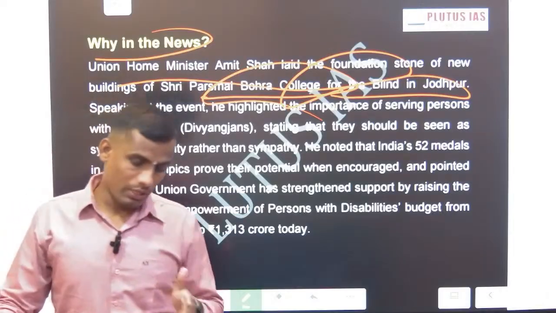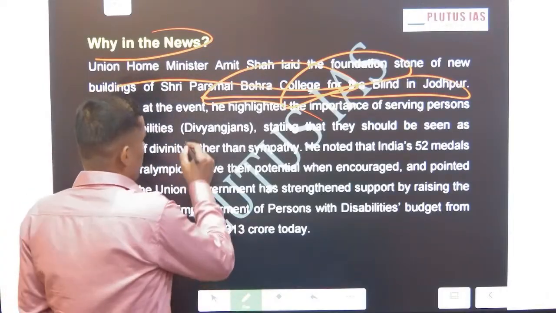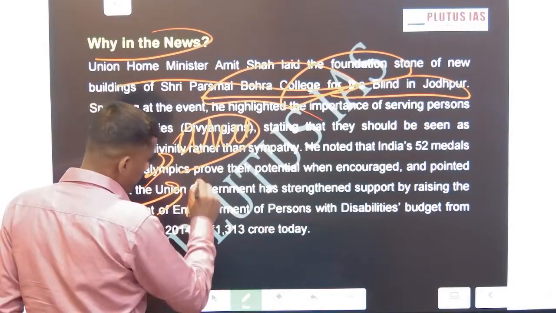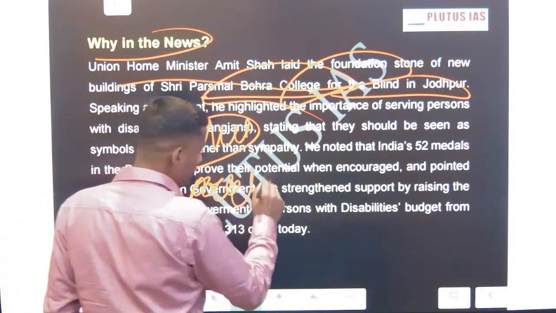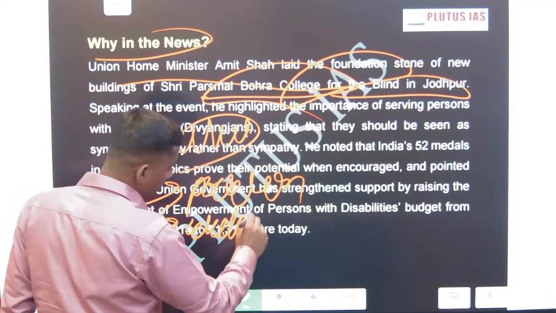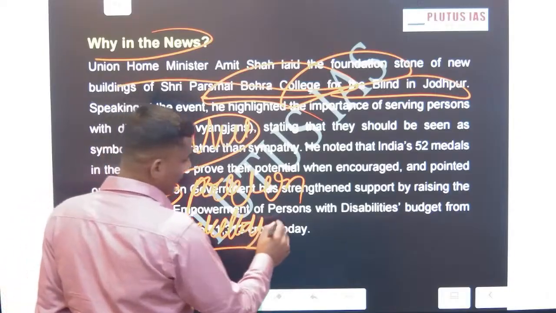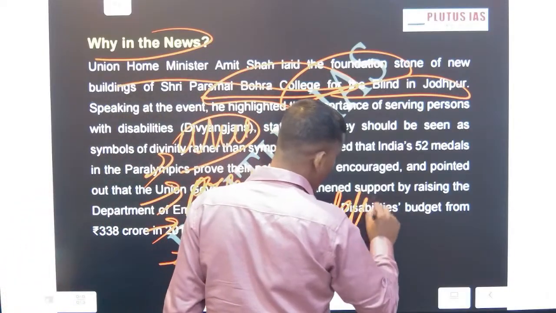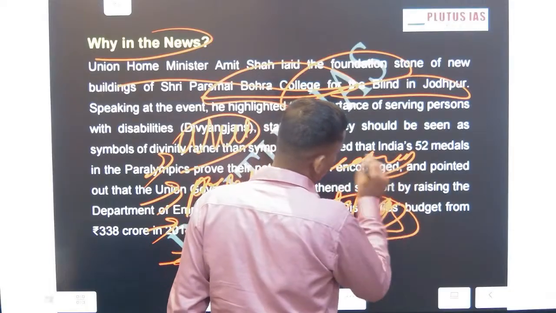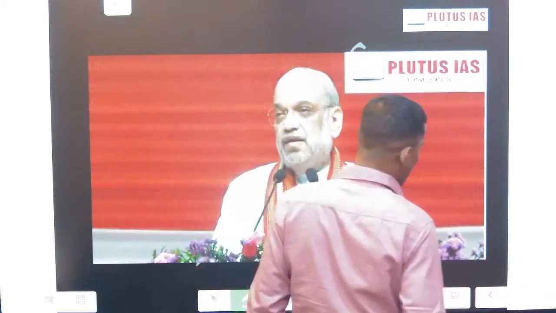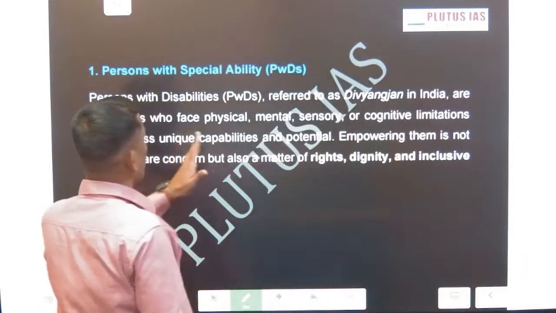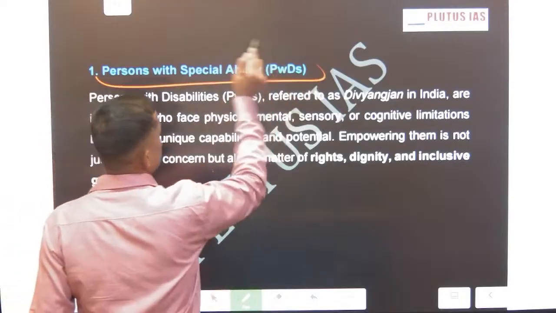So today we are going to discuss who the Divyangjans are, the data on them, what initiatives the government has taken, then the challenges they face, then measures and way forward. Now this is just one dimension. Now who are the Divyangjans?